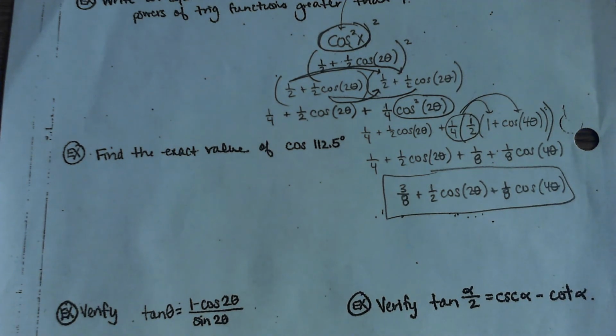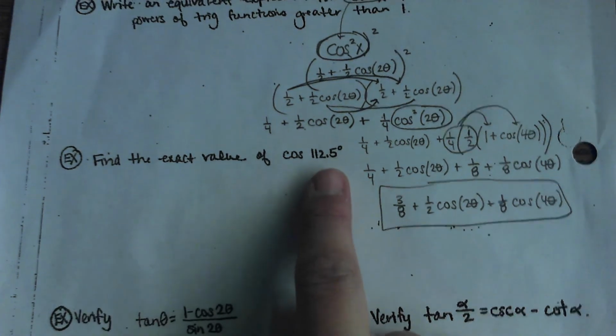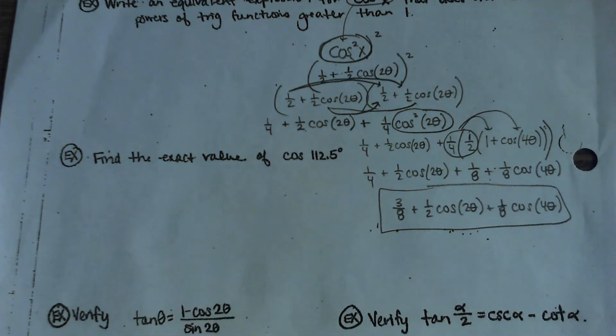So what would you have to double in order to get 112.5? 56.25. And do we know cosine, sines, or tangents of that? No. So it's probably not a double angle. We're not doubling anything to get to 112.5.